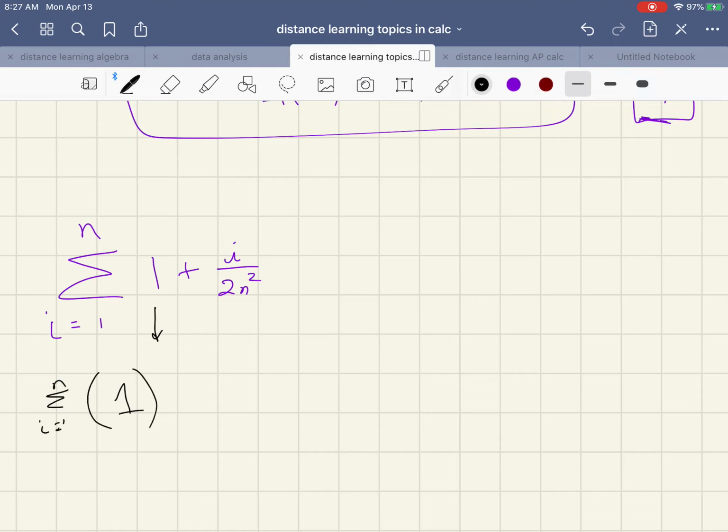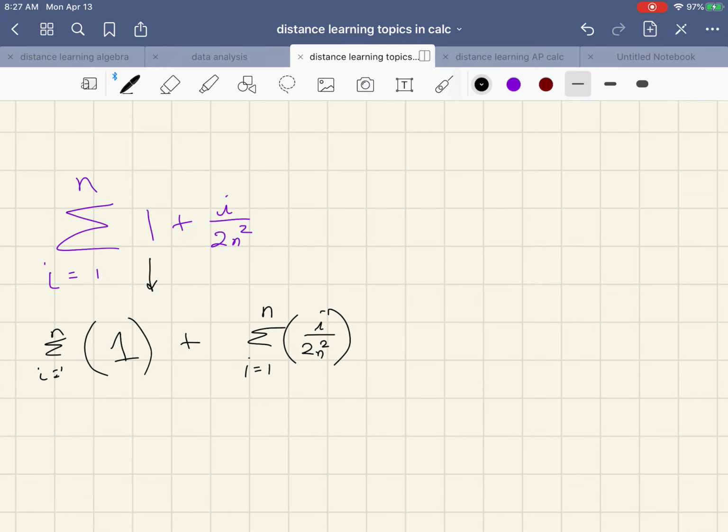I'm going to do the sum from 1 to n of just the 1. Then the sum from 1 to n of i over 2n squared. This first one is just going to be n.